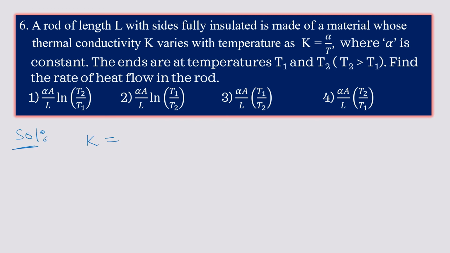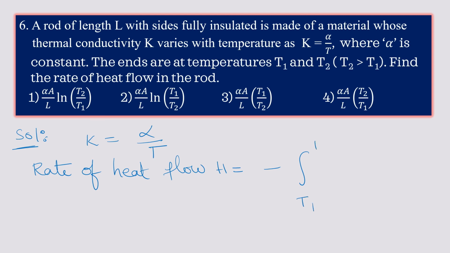K is equal to alpha by T. Rate of heat flow H is equal to minus integration of T1 to T2 of K A by L into dT.